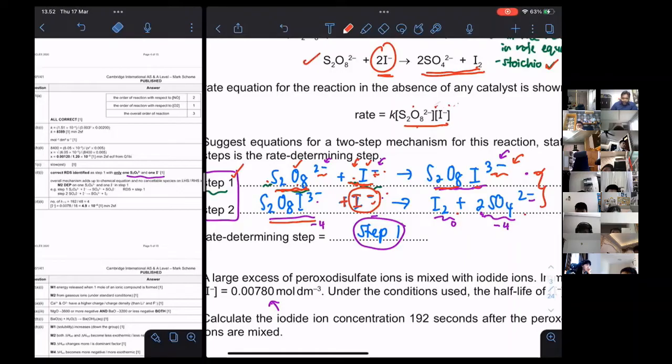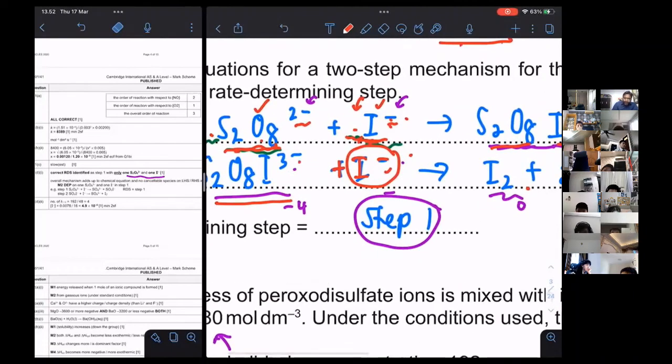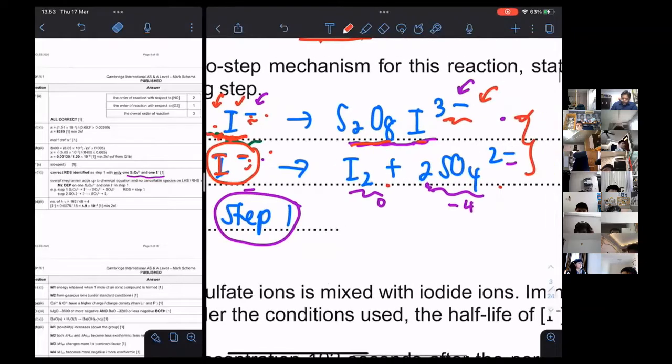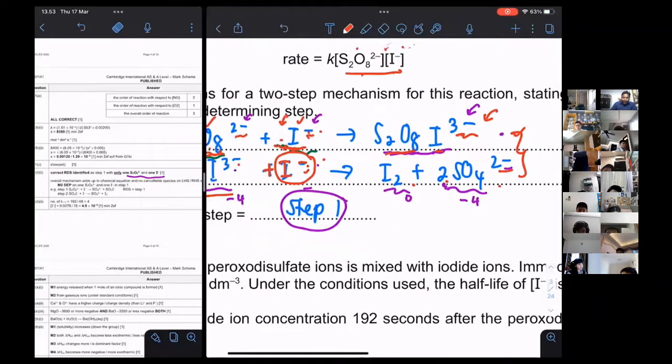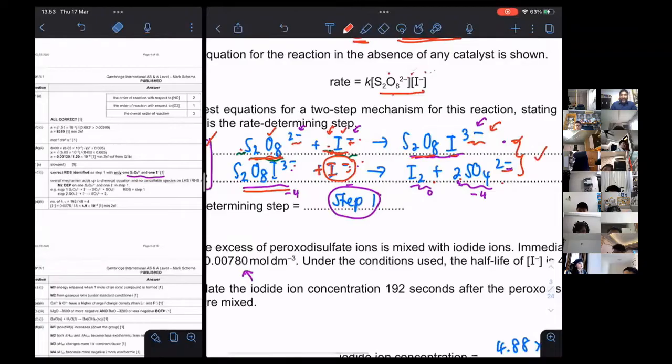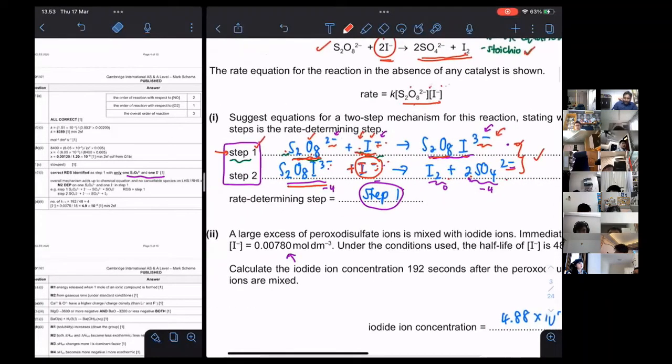Just to check, you check the charge. 3 and -1, -4. This was 2 minus only, don't worry, because 2 times 2 minus is -4. Left and right, they are the same. So this is going to be valid. It's accepted. And what is the rate determining step? Step number 1.